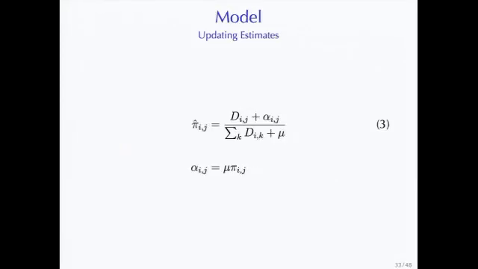Again, it's a Dirichlet prior, so the posterior is going to be a function of the counts that I've observed in the new data, as well as the predictions from the Farley ring model. Here, mu is a hyperparameter, which is proportional to the trust in the Farley ring model. So if you crank up mu, it means you're going to have to observe more data in order to adapt your model.